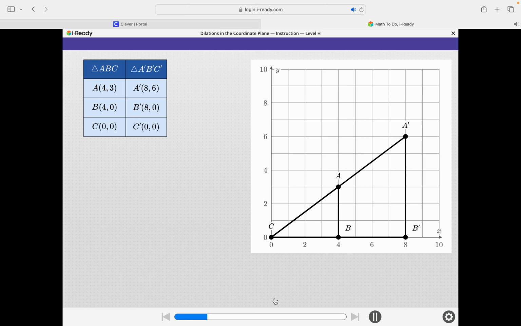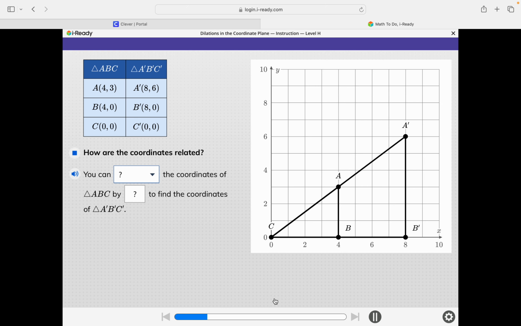The table shows the coordinates of the vertices of the triangles. How are the coordinates related? See here, coordinate. What is C? C and C prime are 0 and 0 because they are just at the starting point. X is 0 and Y is 0.